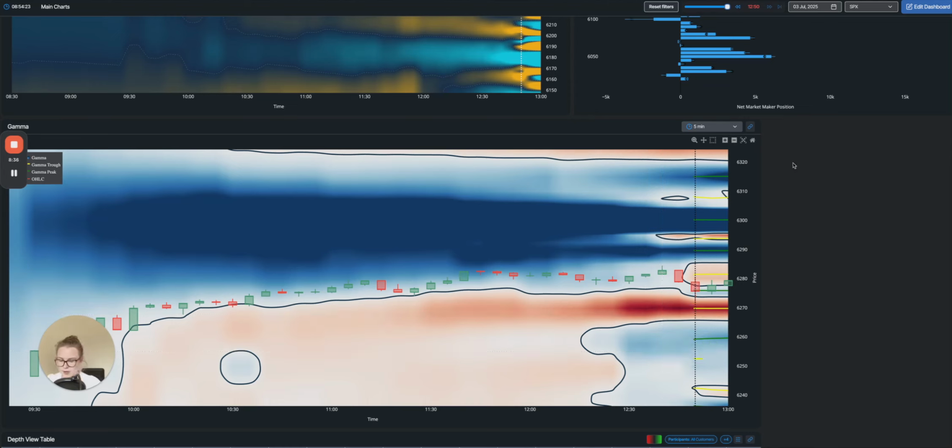Now, one other thing we do need to talk about here is delta. When the delta of an option is very, very low, it doesn't generally have an impact in this way via gamma until the delta is high. And what we mean by that is, let's take this big gamma level around 6,300 here.